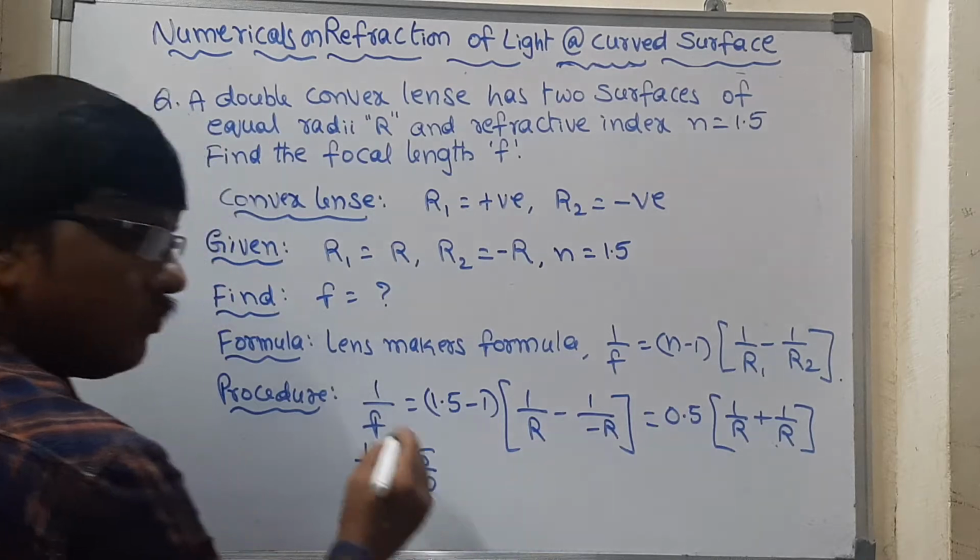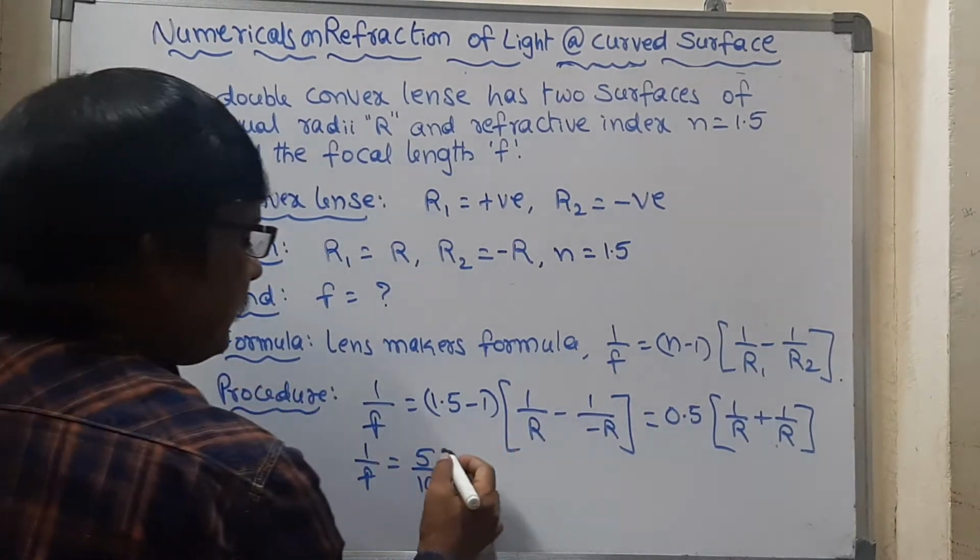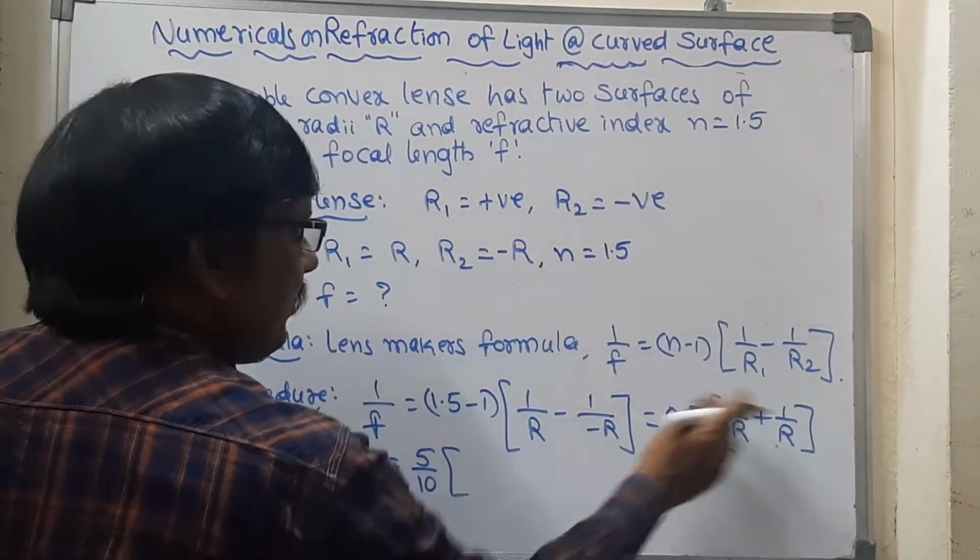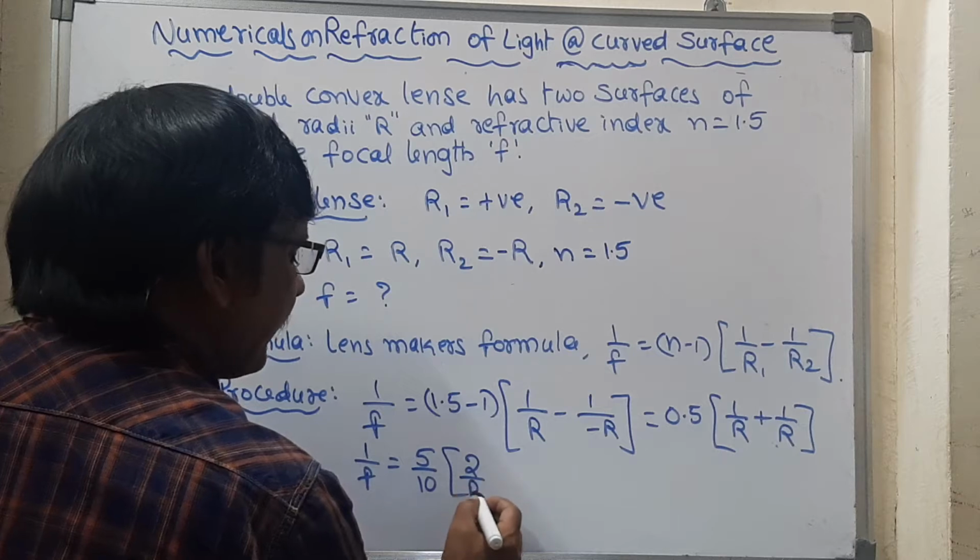We can write 0.5 as 5 by 10, and afterwards 1 by R plus 1 by R, 2 by R we can write.